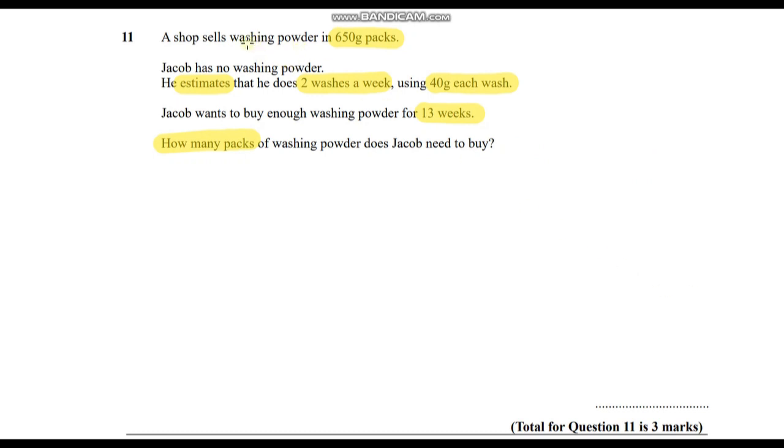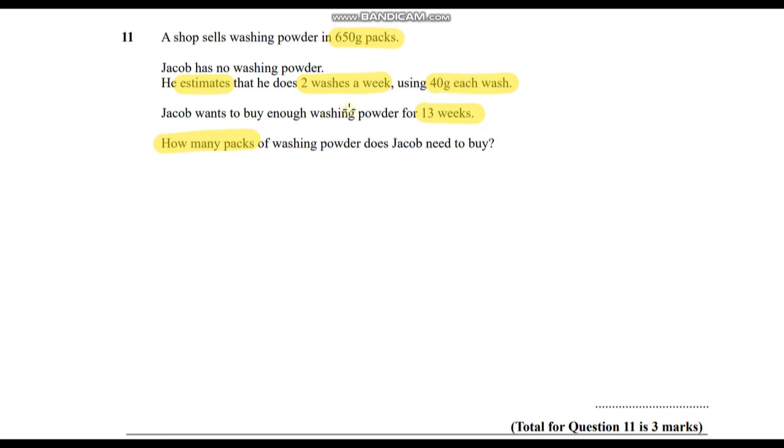So let's have a look at this part here. So he doesn't have any washing powder to start with. He estimates that he does 2 washes a week and each wash uses 40 grams.